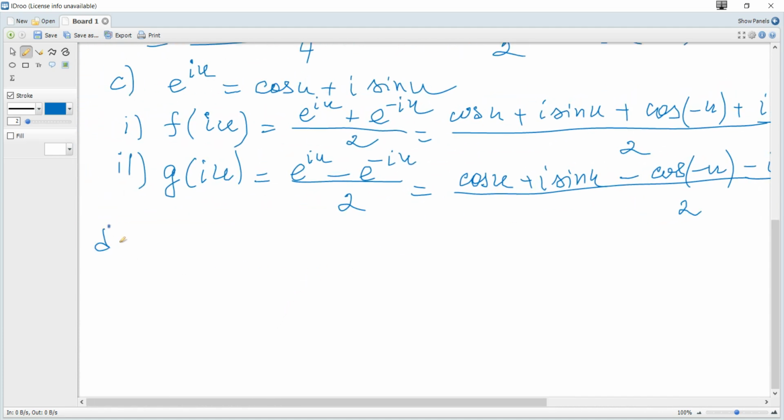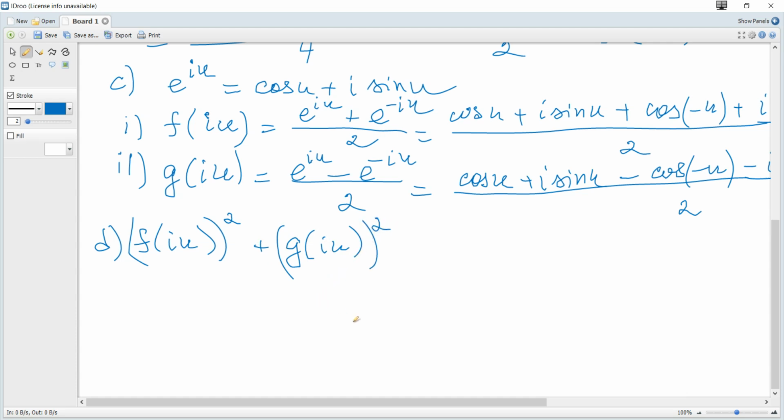D. 2 marks. Hence find and simplify an expression for f of iu squared plus g of iu squared.